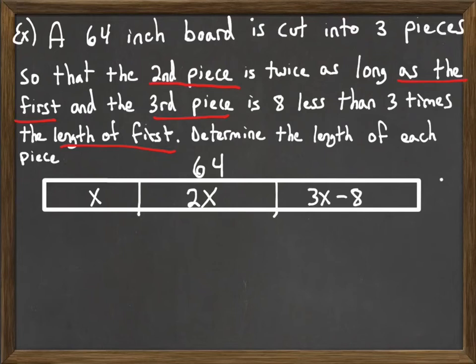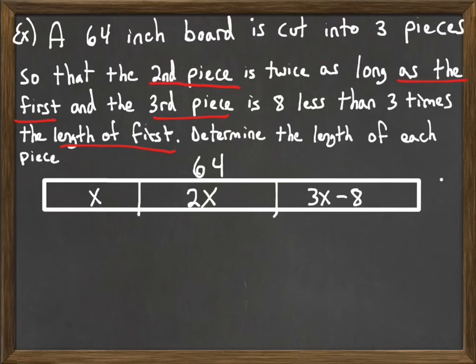Usually, when you cut wood with saws, you're losing about 1/8 of an inch on every cut. So if we want it to be ideal, these three pieces can't be put back together to form the 64-inch board in a real situation.